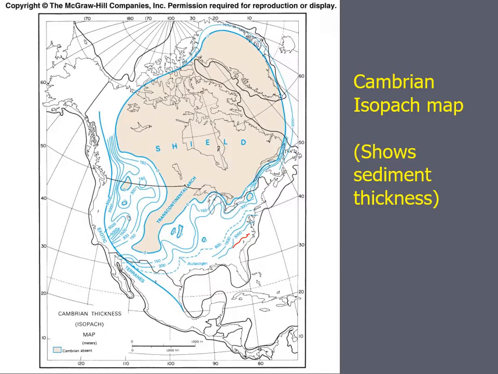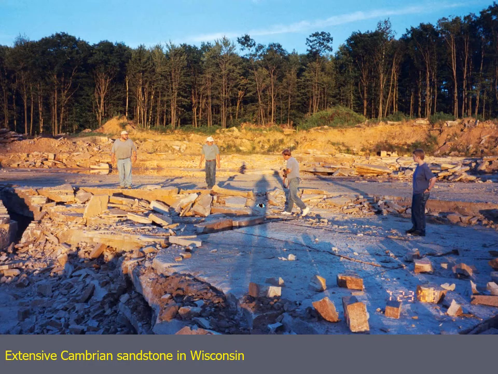Now we can take this one step further and actually look at what kind of sediments we have here in Wisconsin. We have a lot of this Cambrian sand in Wisconsin, and hopefully the name Salk sounded familiar because a lot of this is in Salk County, which is actually where we get the name the Salk megasequence.